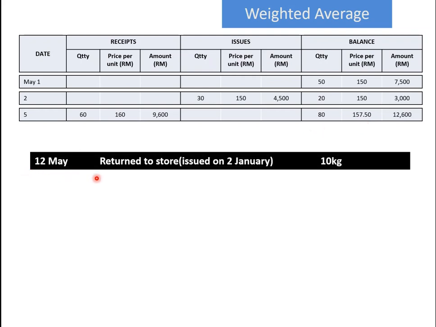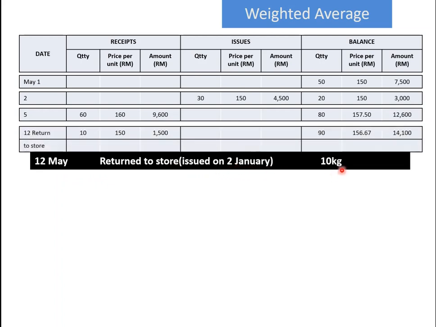On 12th May, return to store of the issue on 2nd May, 10 kg. Return to store means receipt of 10 kg. This stock is from 2nd May, meaning that the value is from the opening balance, therefore 150.